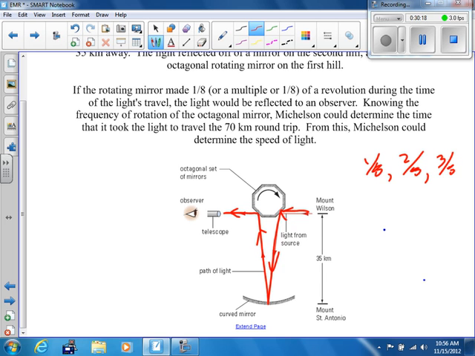Because if it didn't make exactly a whole number multiple of 1/8 of a revolution, then there's no way that the face of that mirror would be in the right place, and therefore that light would reflect off at some funny angle. Does that make sense?